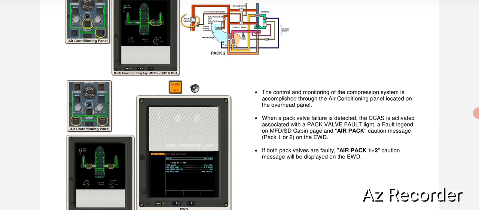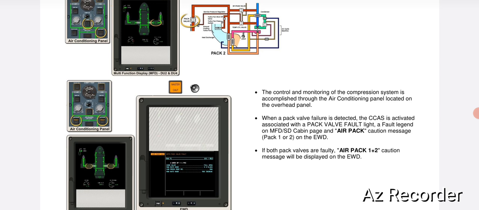In case of pack overheat, that is 204 degrees Celsius, if the bleed air coming from the engine is 204 degrees Celsius, the pack valve closes automatically and the fault light will illuminate on the air conditioning panel, because on the air conditioning panel we have selected the pack valve open, but it disagrees with the pack valve position.